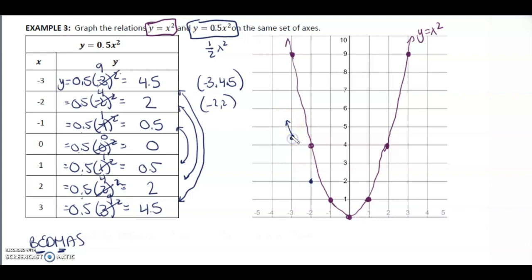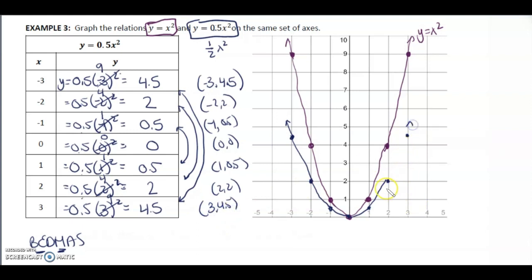Okay, -1, 0.5 is here. 0, 0 is here. 1, 0.5 is here. 2, 2 is here. And then 3, 4.5 is here.